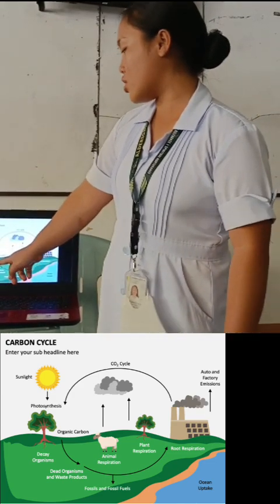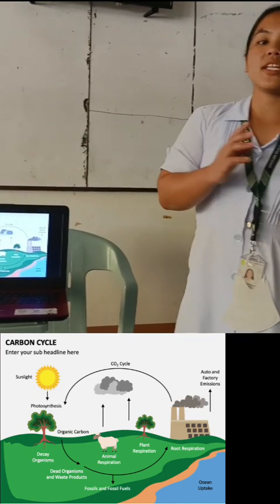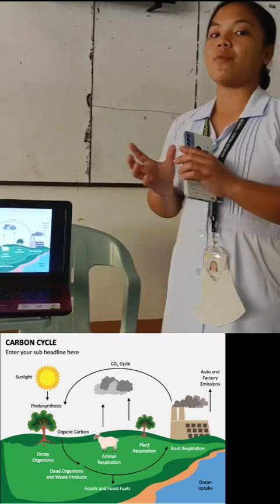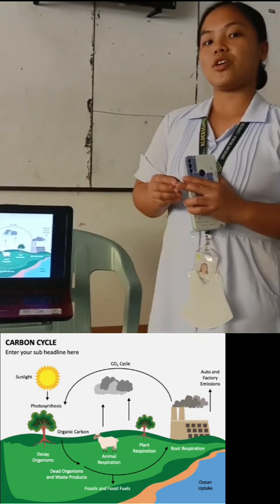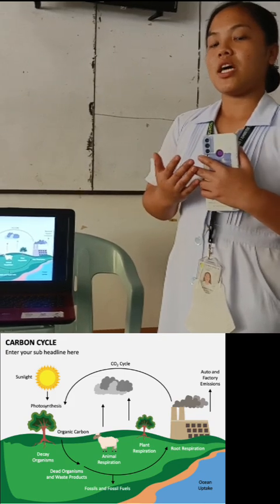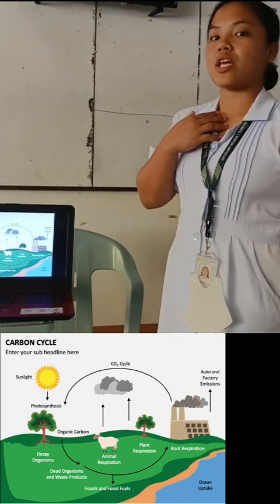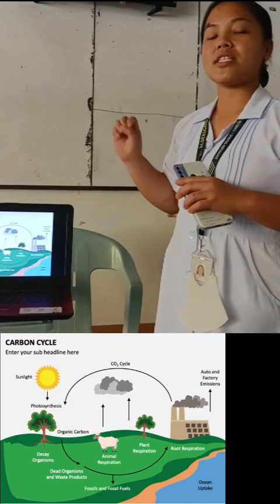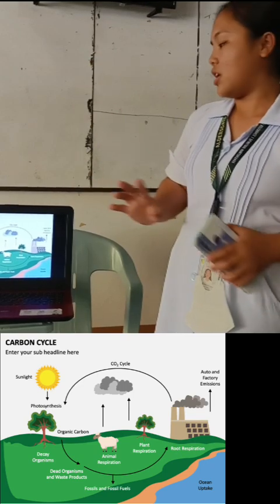And then, susunod naman is yung respiration. Kapag sinabi kasi natin respiration, ito yung exchange of oxygen and carbon dioxide sa ating surroundings. Sa plants, kaya nagkakaroon ng respiration is kapag na-absorb na ng plants yung carbon, tayo naman mga tao at animals, kinakain natin yun, kaya nagkakaroon tayo ng carbon sa katawan, which is kapag nirelease na natin is babalik sa atmosphere.